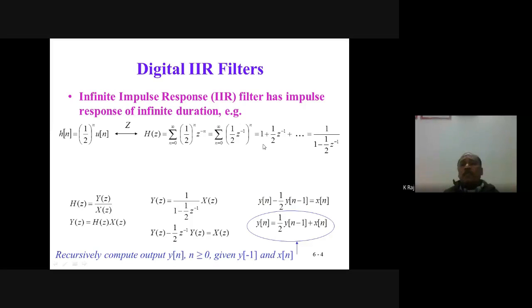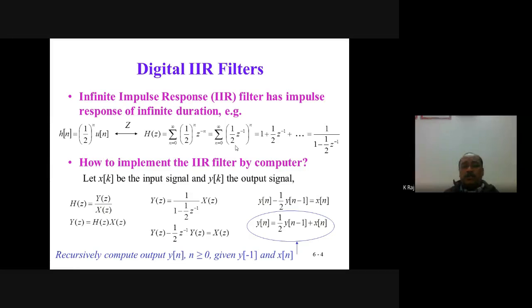After some manipulation, this can be represented as (1/2 z^(-1)) to the power n, where the range of the summation is n equal to 0 to infinity. It means it is for infinite duration. That's why the impulse response exists for infinite duration, and we call it the infinite impulse response filter.